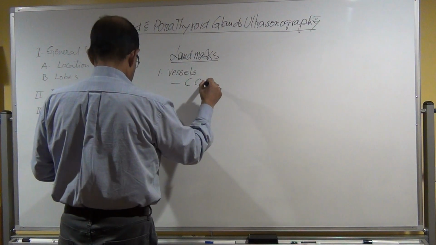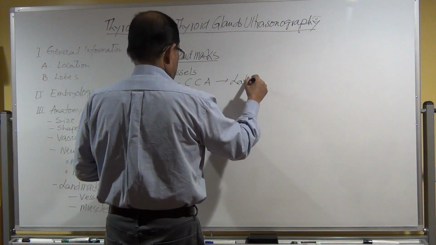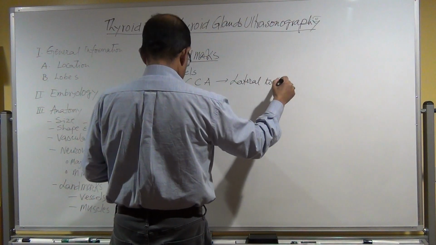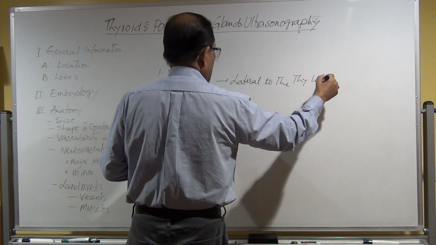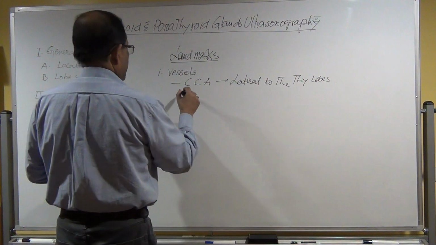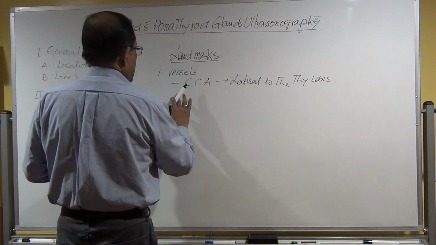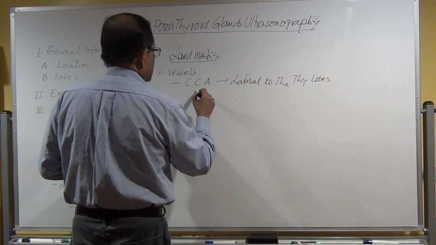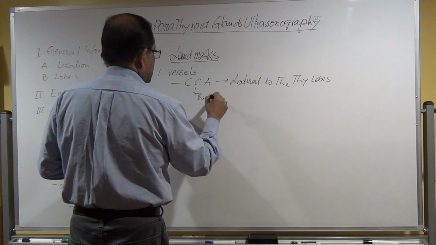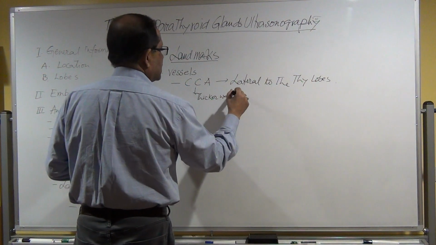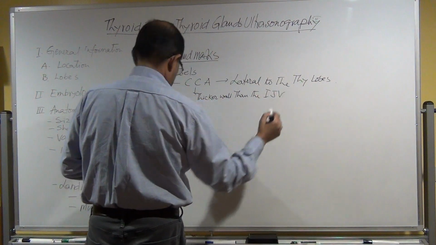Number one, common carotid artery, which is lateral to the thyroid lobe or lobes, and common carotid artery has a thicker wall than the internal jugular vein.